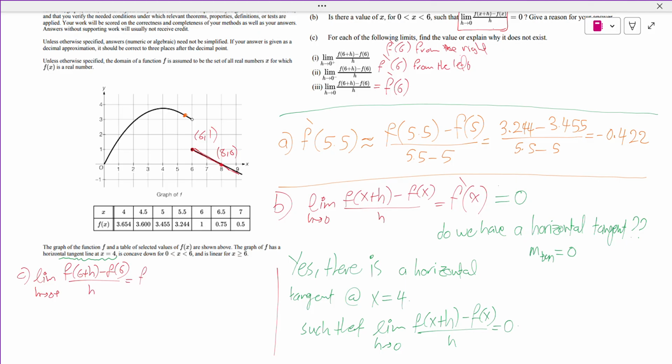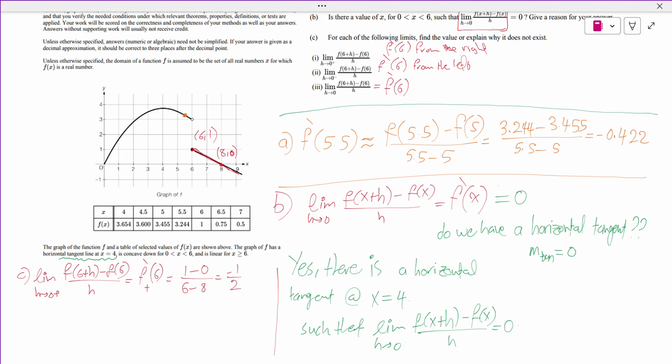It's f prime of 6, but from the right side, which is going to be y2 minus y1 over x2 minus x1, which is 1 minus 0 over 6 minus 8, which is negative 1 over 2. It's the slope of the line segment, and we selected only 2 points. You can use rise over run, whatever method you would like to use, that's fine.